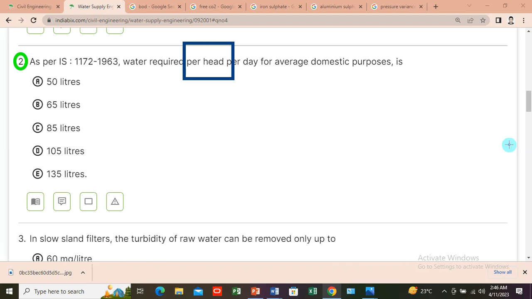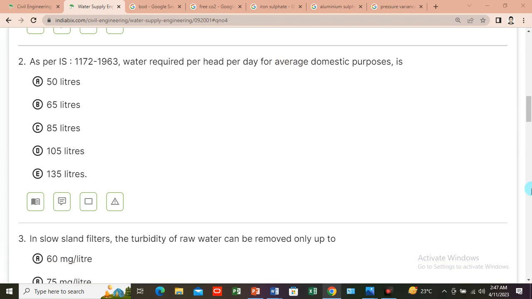Per person per day, one day, one person, how much water will be required by that person, right? For average domestic purposes. There are different options, so the correct option is 135 liters.